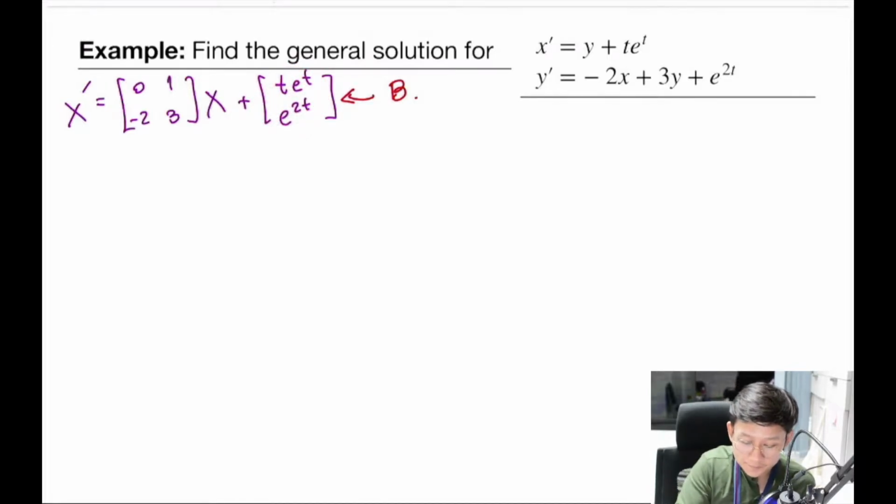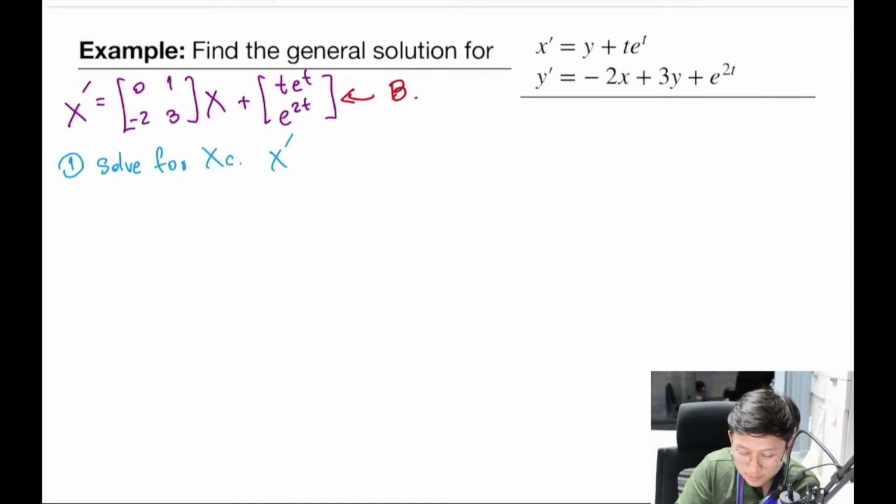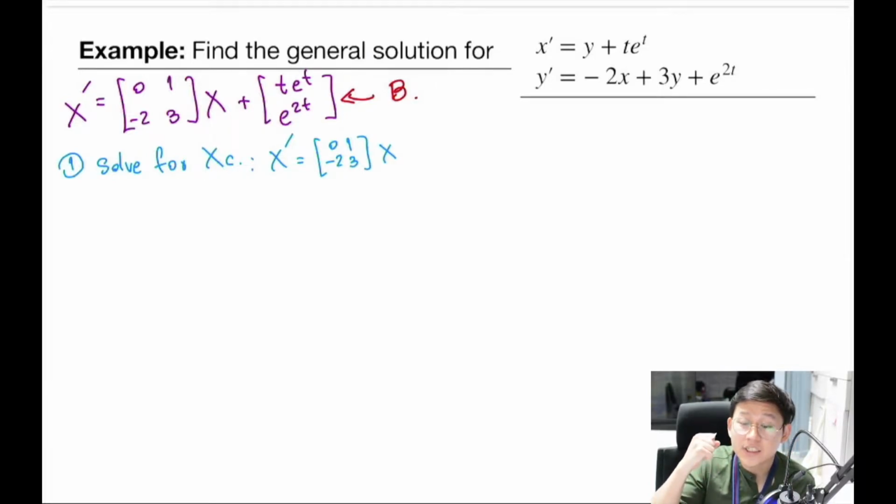And the first step is to solve for xc, right? To solve for xc, then we need to look at this system, which is 0, 1, minus 2, 3, x, when the b is 0, which is the homogeneous, right? This is the homo case.